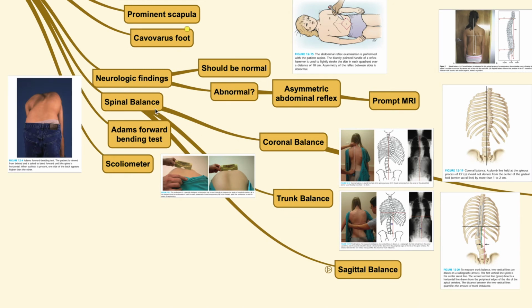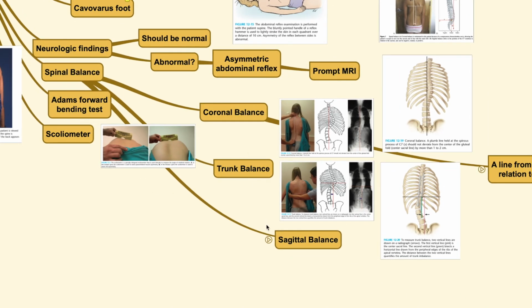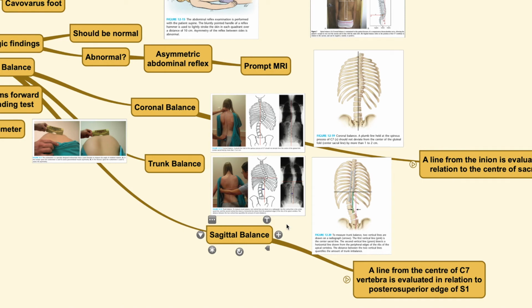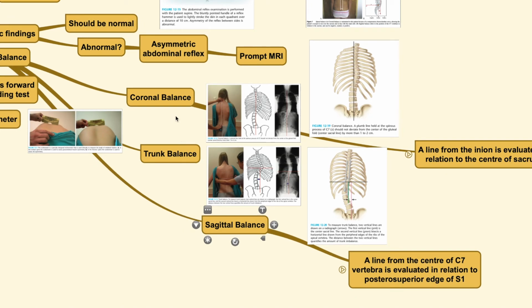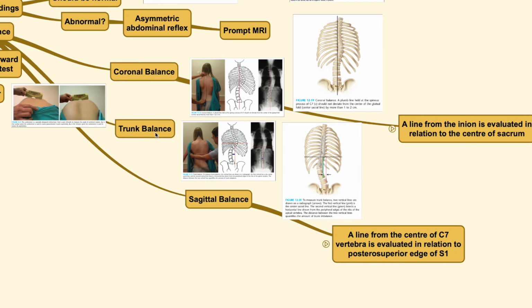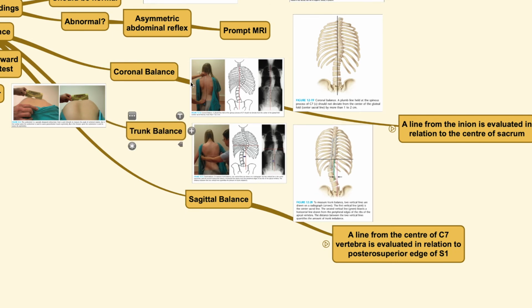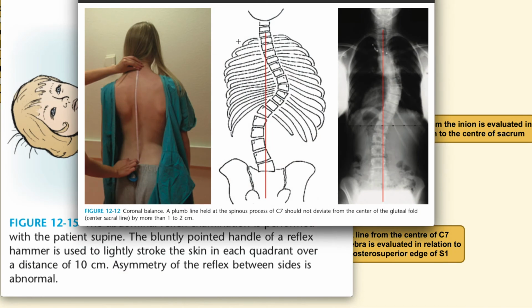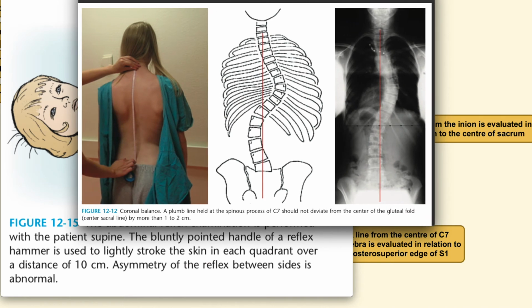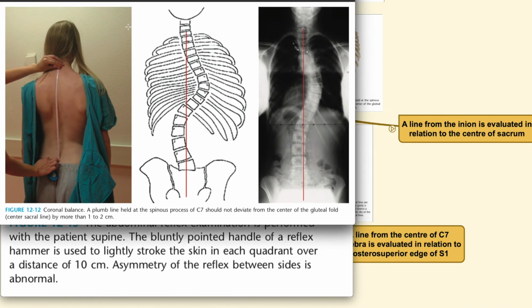And for the spine balance, there are several balances that need to be evaluated, and that includes the coronal balance, trunk balance, and also the sagittal balance. Now, for the coronal balance, you could evaluate it using this type of measurement. You take a simple line here, a measuring tape.